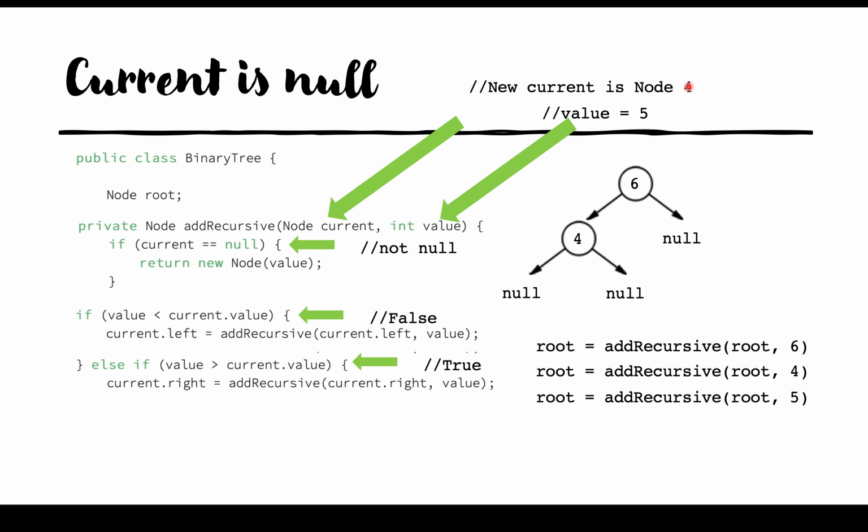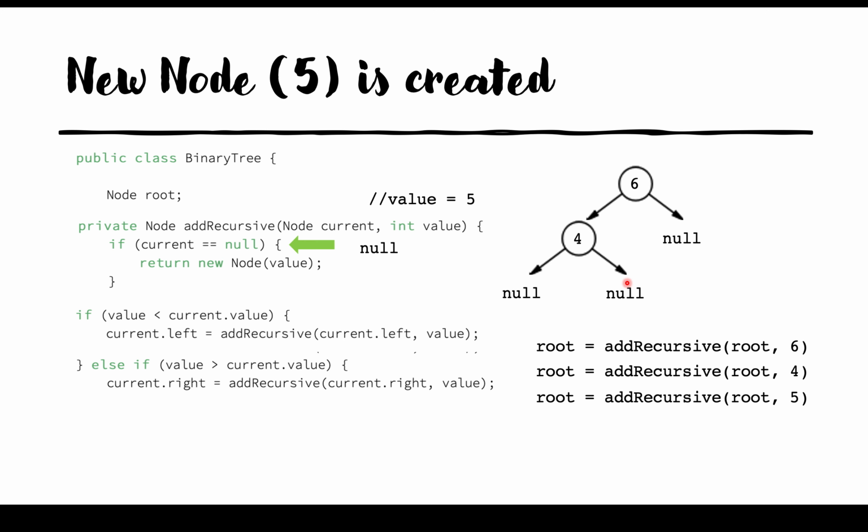No, it's not less than 4. It's false. Now we look at this. Is this value 5 greater than current.value? Yes, it is. So now we talk about current.right. Remember, this is the current. Current.right is null. So we send that out and we send a value which is 5, unchanged again.